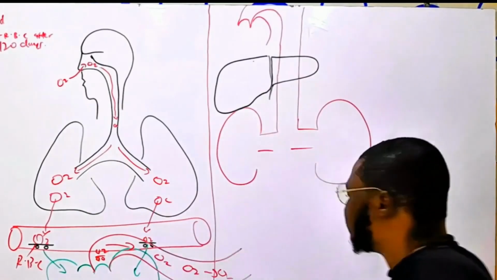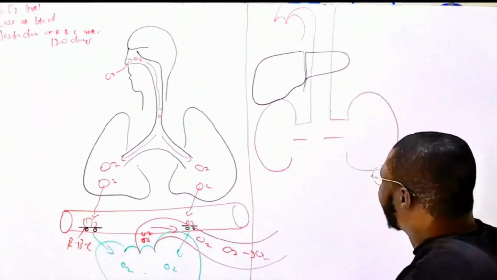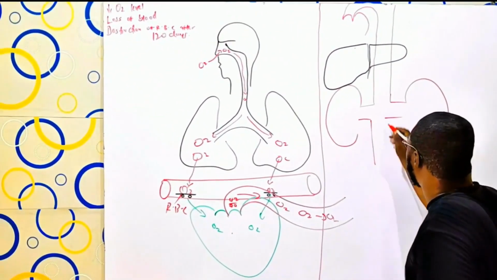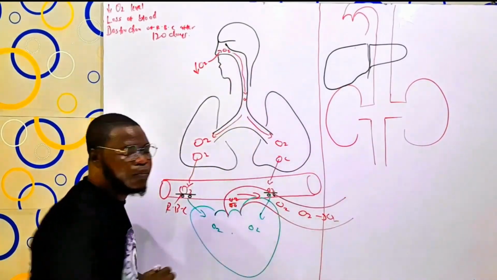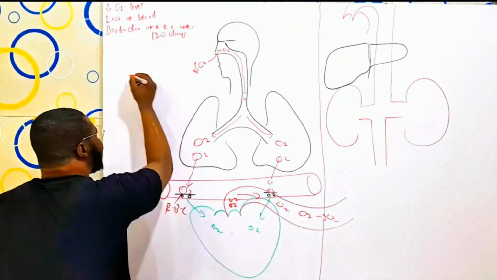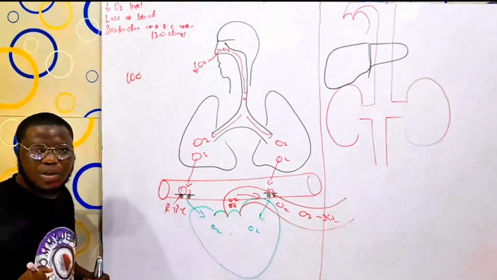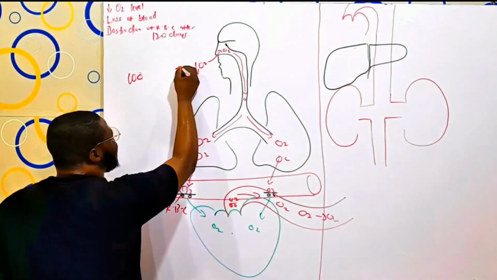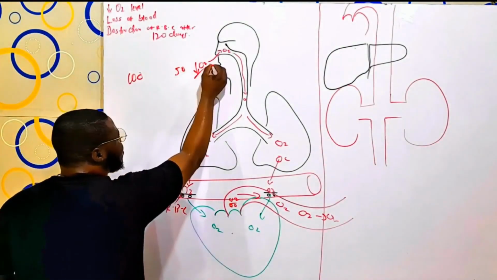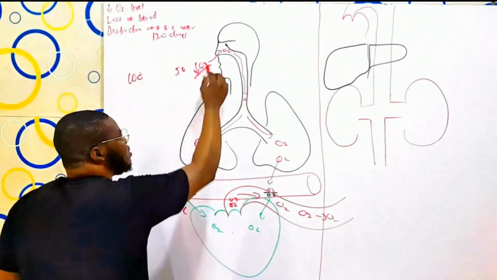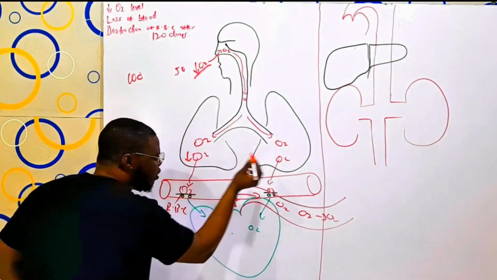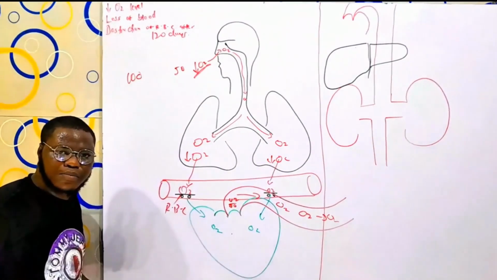So guys, let's assume that this person is not having adequate oxygen. Let's assume this person is to breathe in 100 molecules of oxygen, but now this person is breathing in 50, for example. So there's a reduction in the amount of oxygen intake. And since there's a reduction in oxygen intake, the amount of oxygen you have in the lungs is going to be reduced.